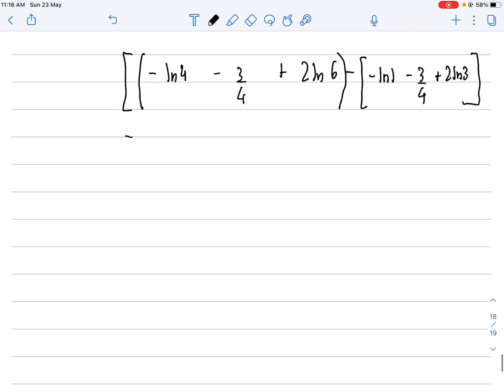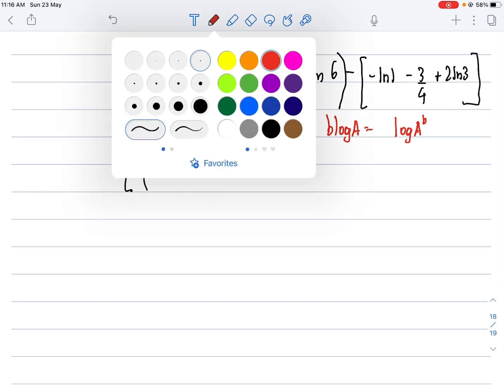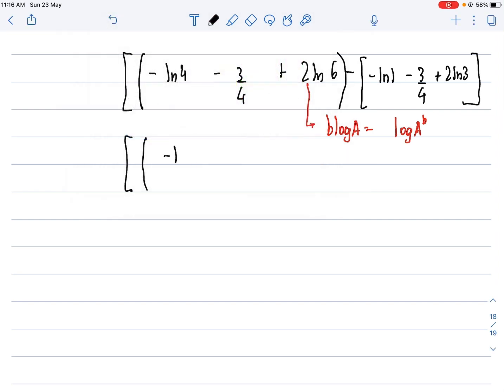I know one very important log property, which states that b log a can be written as log a raised to b. Using this property, I can write this as ln 6 square, which is ln 36, minus ln 4 minus 3 over 4 minus, I know ln 1 is 0, so I have 0 minus 3 over 4 plus ln 9.